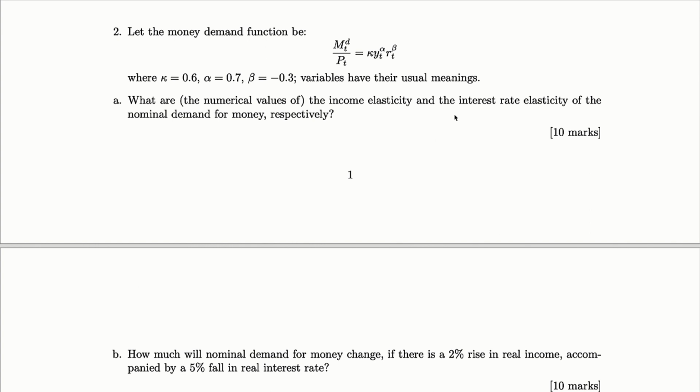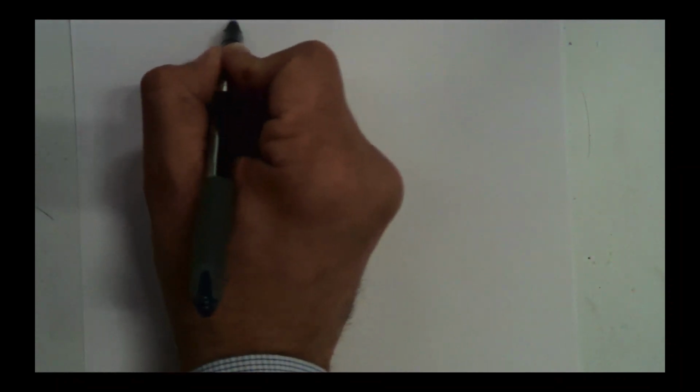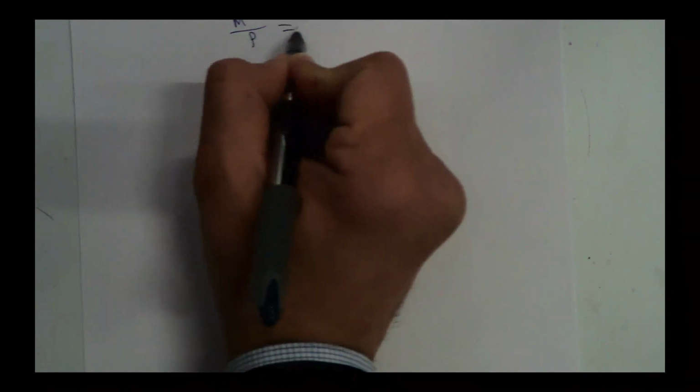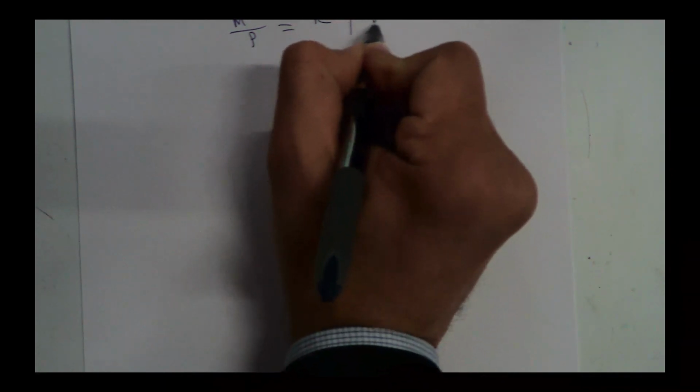And here we're given the form of the demand for money function, and then we were asked to find the income elasticity and interest elasticity. So we know this is the demand function: equals k Y to the alpha r to the beta.